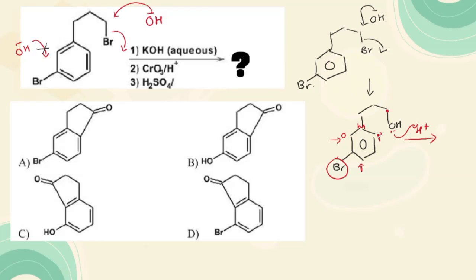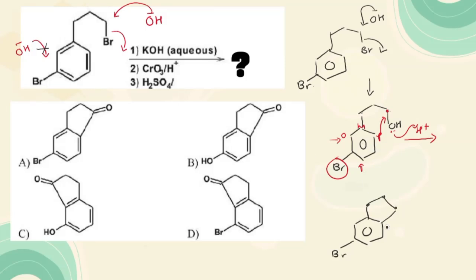So when it goes to the para position, the water will be eliminated as I was telling earlier. Now the bromine is as it is and we have 3 carbons. So 1, 2, 3, and then we are going to get a 5-membered ring. Since 5-membered rings are quite stable, that's why this reaction is possible.